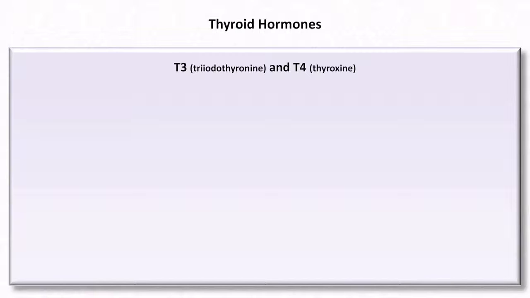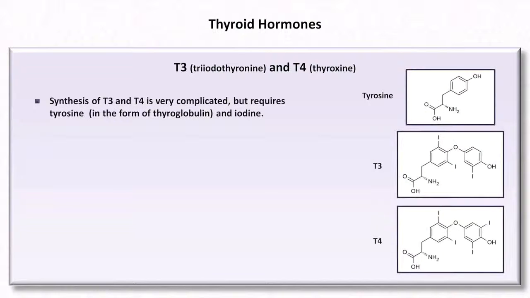As mentioned a minute ago, the biosynthesis of T3 and T4 is very complicated, but requires tyrosine and iodine. The tyrosine used for thyroid hormone is actually stored as a glycoprotein called thyroglobulin, each molecule of which has about 70 molecules of tyrosine, and the thyroid hormone is actually synthesized while still attached to the larger thyroglobulin, and remains so until it is secreted.